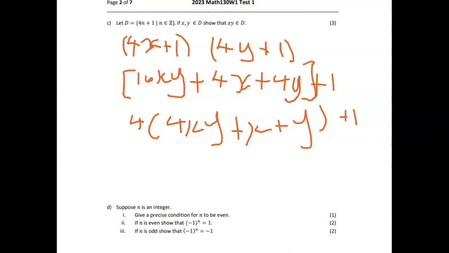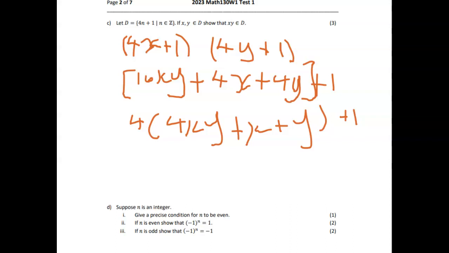Now what I want you to do is this: 4 times something plus 1, 4 times n plus 1. Here's the most satisfying part. 4xy, it's basically integers. All of this is integers.